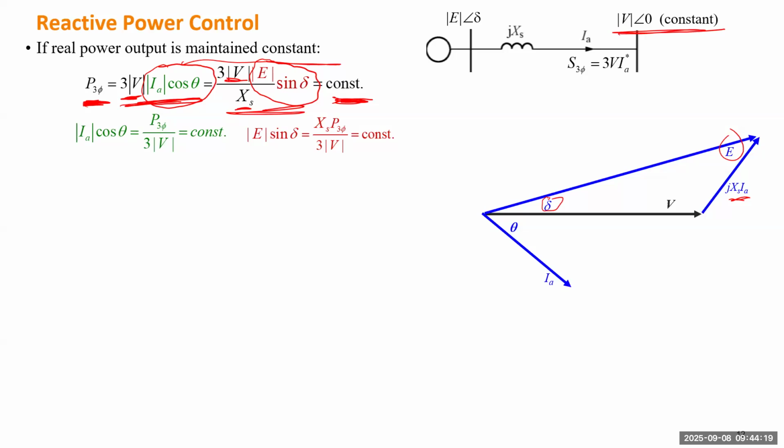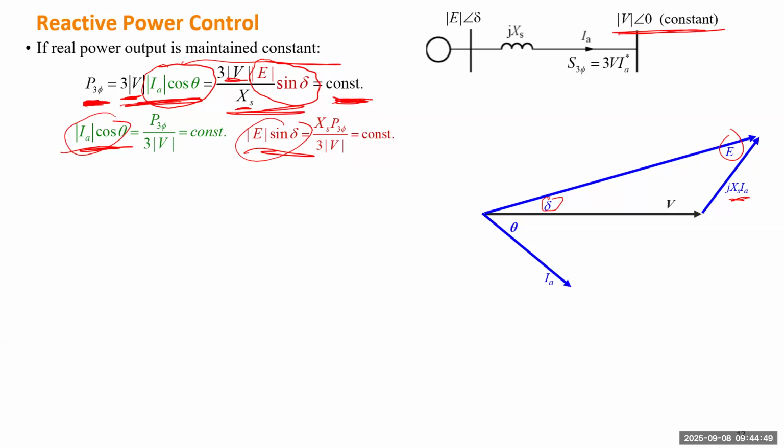Next, we're going to change because we know that this product is constant, this product is constant. It doesn't mean the current IA and the E need to be constant. They can change, but they just need to maintain each item here to be constant. So IA multiplied by cosine theta, which means IA's projection to the x-axis.